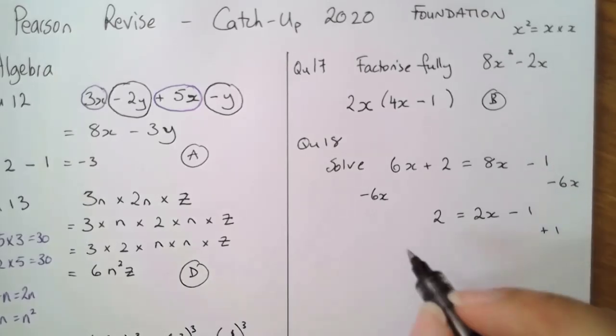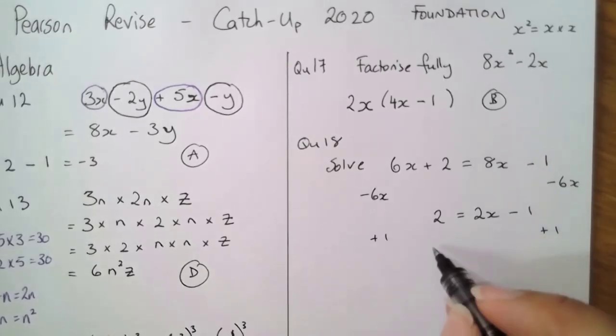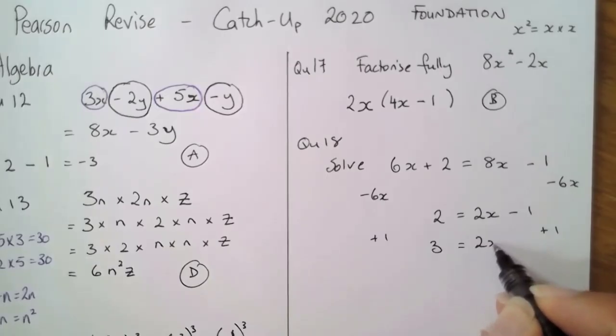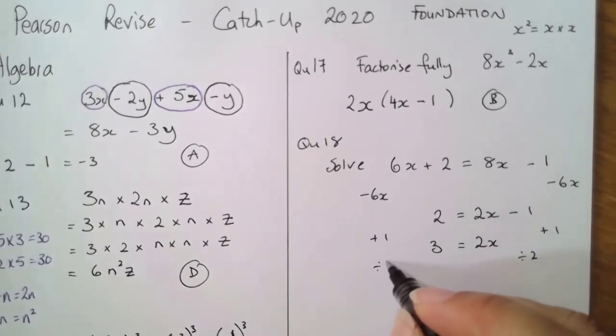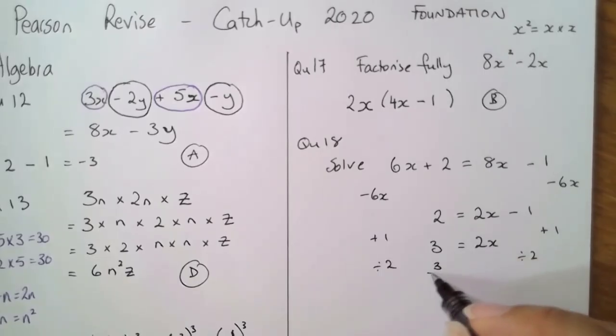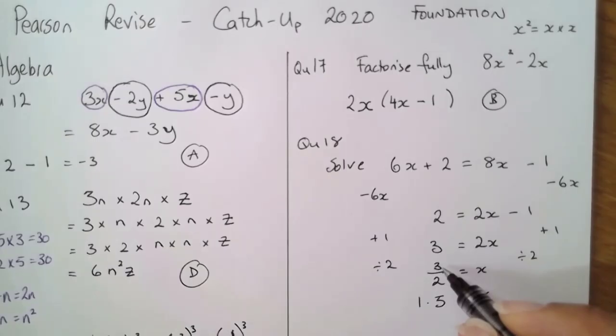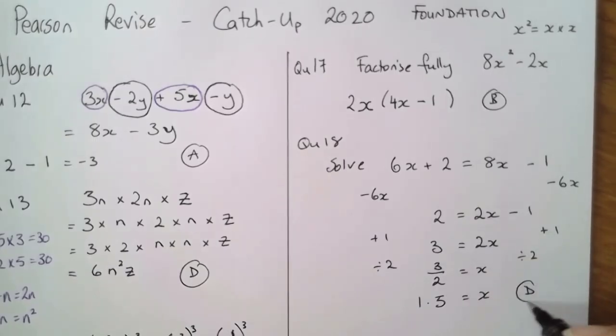Then we're going to add the 1 to both sides. And then we're going to divide by 2. And this is the same as 1.5. This 3 over 2 is the same as 3 divided by 2, which is 1.5, which is the answer D.